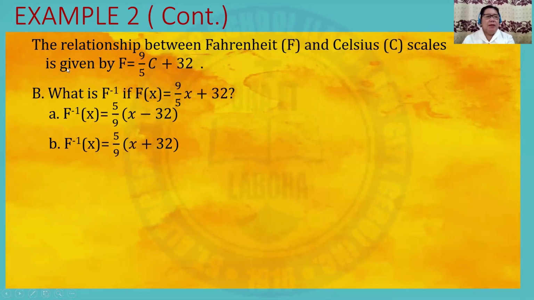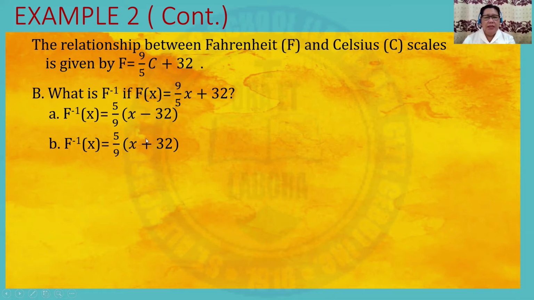Next. Second question for example number 2. What is F to the -1 if F of X is equal to 9/5X plus 32? So by this time, we just replace C by X. Is it letter A or letter B?